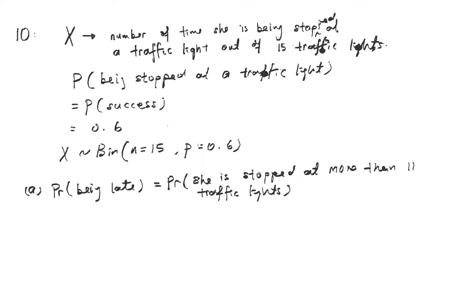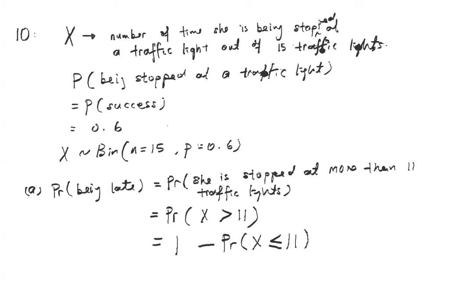Mathematically, it is the probability X more than 11, so I want 12, 13, 14, 15. Am I right? If I want to use my calculator, I will write it as 1 minus probability of X less than or equal to 11.